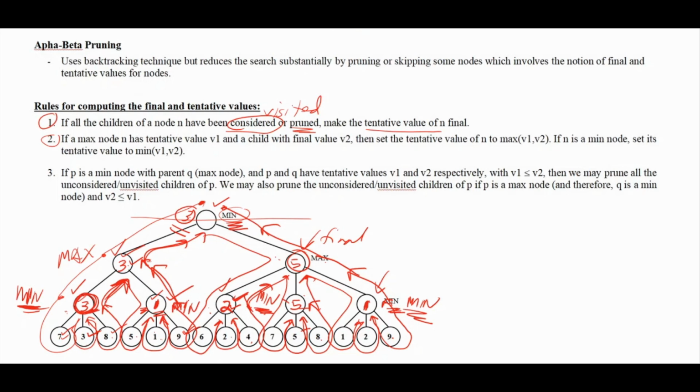And of course, the minimum value is 3. So we are done with the depth first search traversal and backtracking, and we make this tentative value of the root node, which is 3, a final value since there are no more child nodes of the root node to visit.